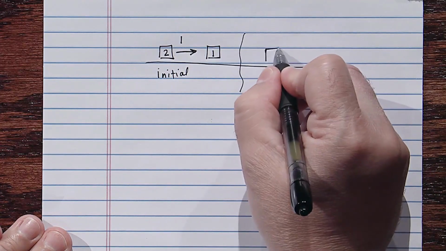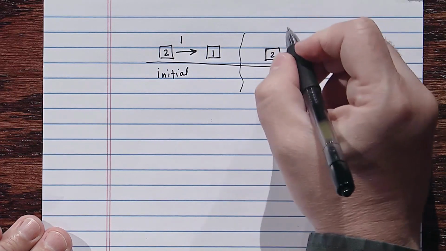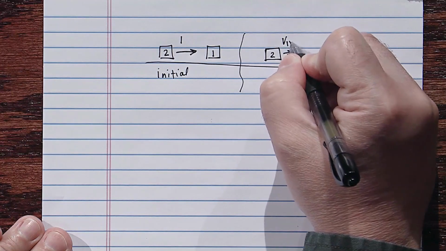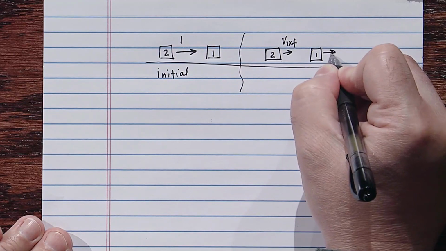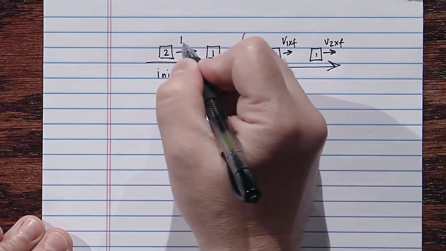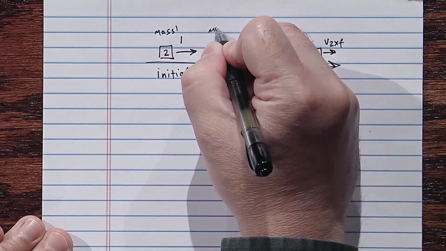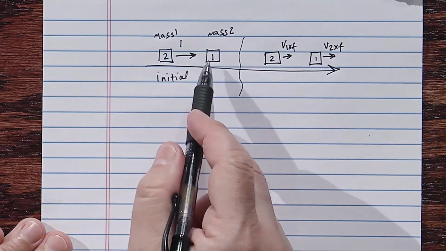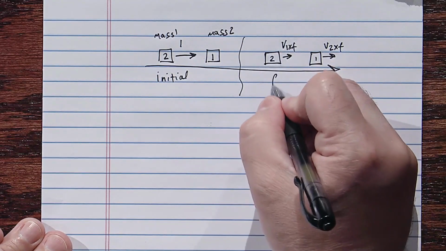And finally, the 2 kilogram mass is moving with a different velocity, we'll call that V1x final. And we'll assume that the 1 kilogram mass is now moving with some V2x final. Remember that the 2 kilogram mass is mass 1 and the 1 kilogram mass is mass 2. And this is our final situation.